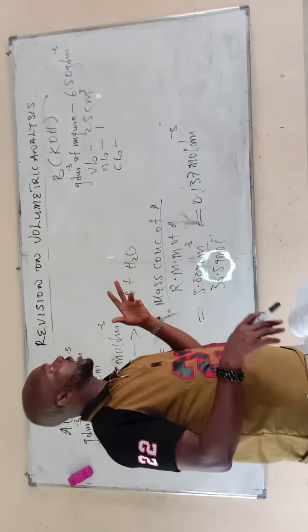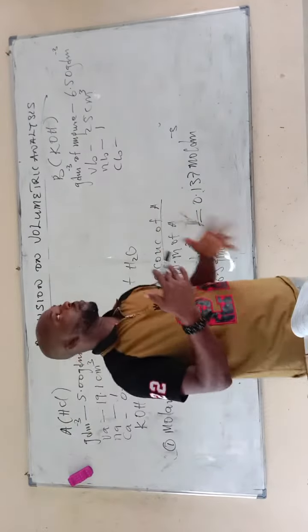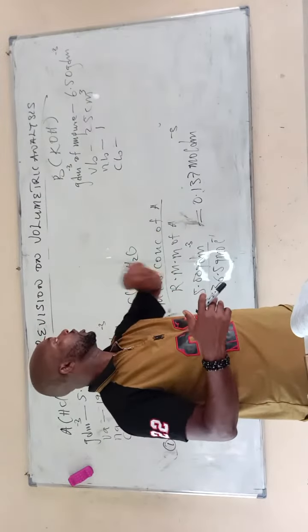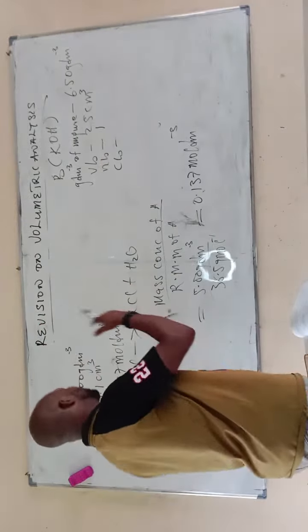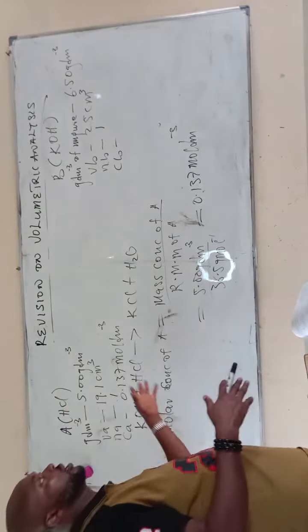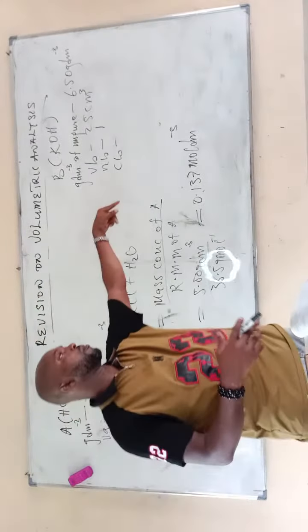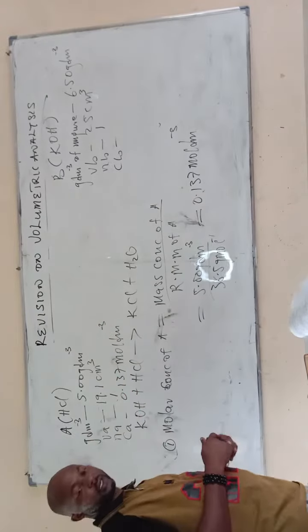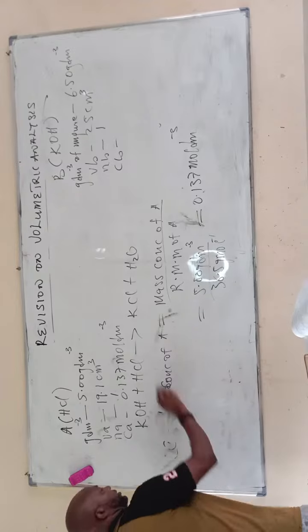For us to get a pure mass concentration, we use molar concentration times relative molecular mass. Therefore, we have to get the molar concentration through a pure form, not through the impurity. So we use CAVA over CBVB to get our CB, and thereby we can proceed to get the mass concentration of the pure from there.